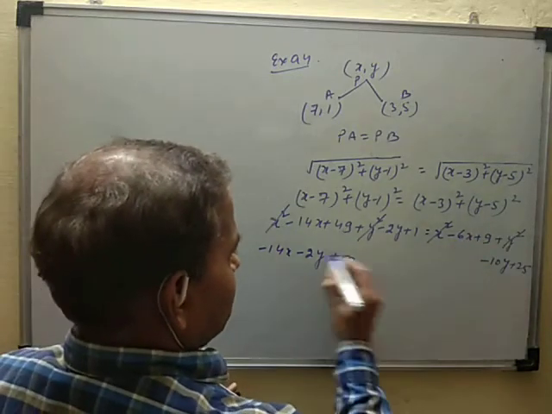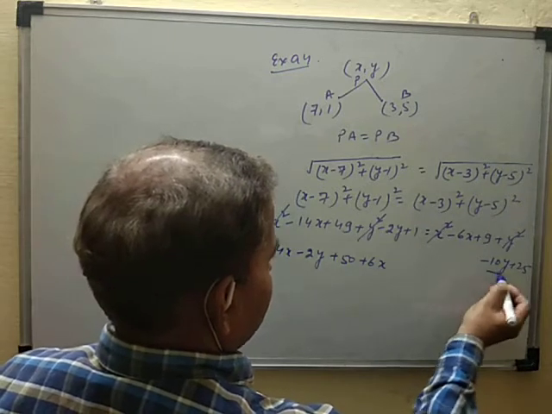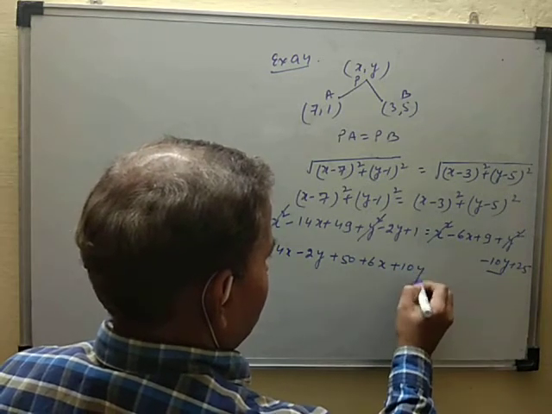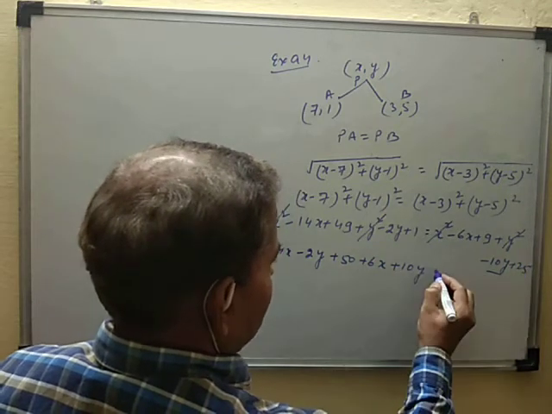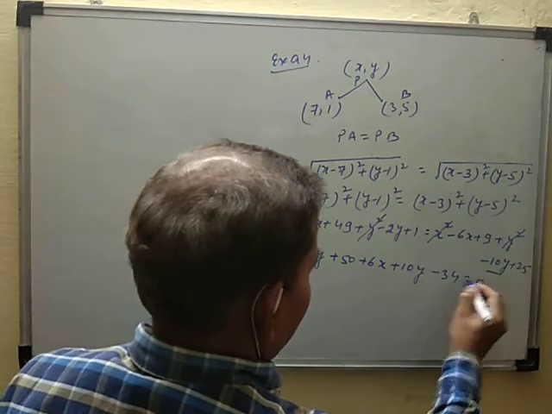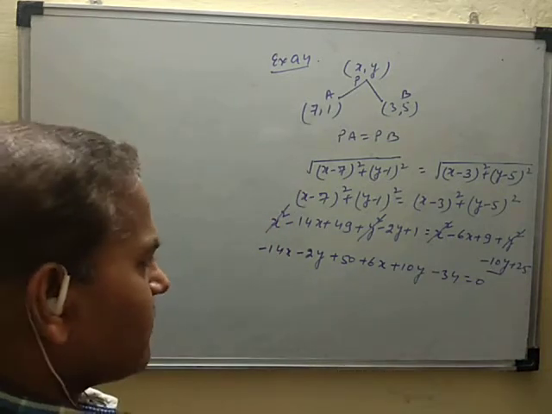So minus 6x taken to the left side becomes plus 6x, minus 10y becomes plus 10y, and 9 plus 25 is 34, so minus 34 is equal to 0.